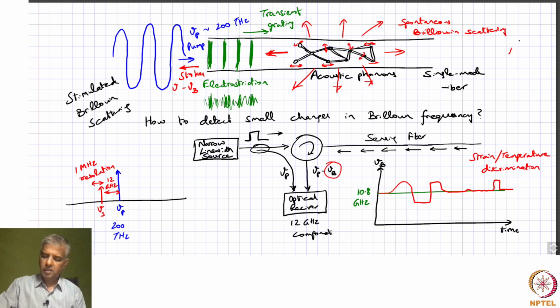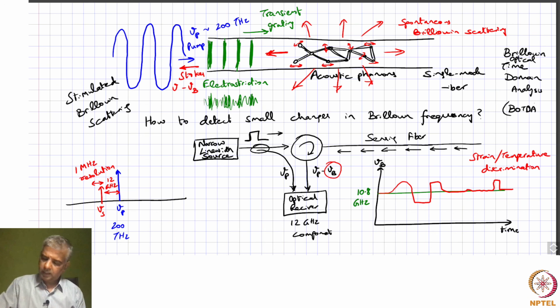This is basically what you call Brillouin optical time domain analysis. In short, it is called BOTDA.